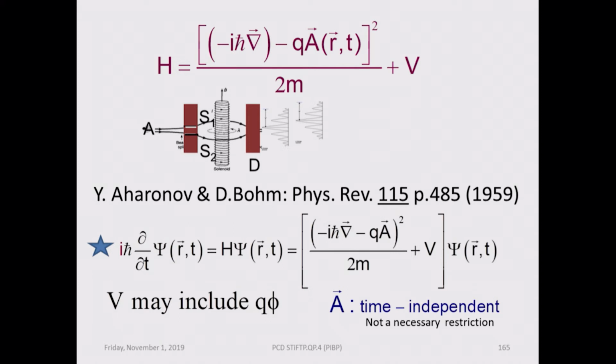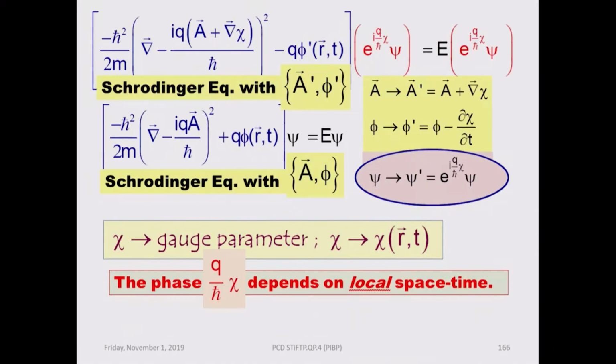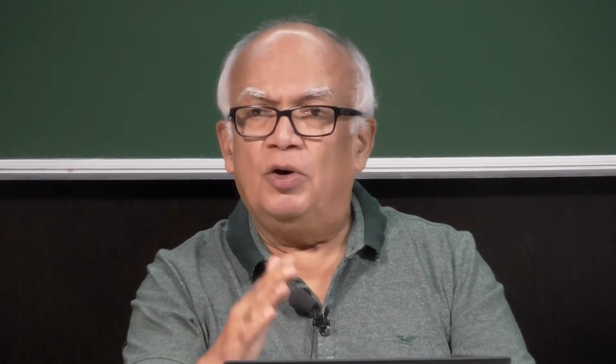You could begin with a vacuum, but if it is not vacuum, it does not really matter very much. It does not make any difference to this analysis. So, now you have two Schrodinger equations, one for the vector potential A prime and phi prime, and the other for the vector potential A and phi. And these two are related to each other through the gauge function, the gauge transformation, A going to A prime and phi going to phi prime.